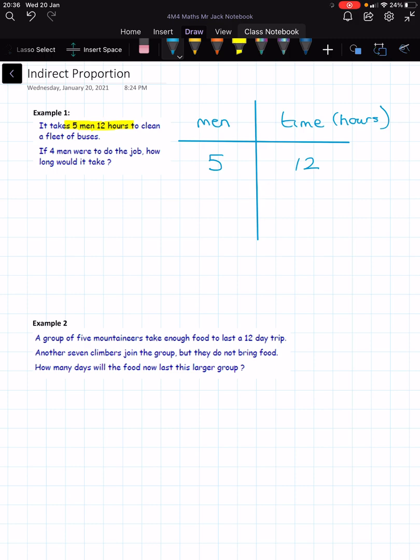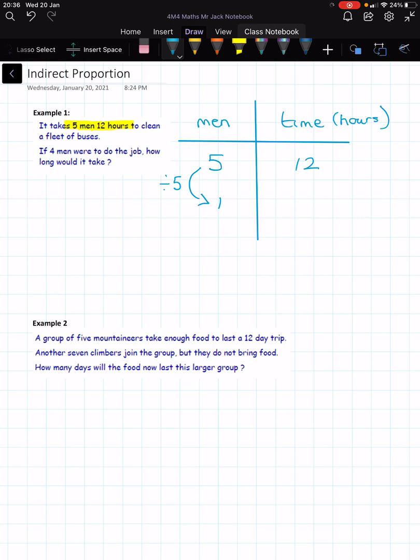As we've done with direct proportion, if we can find out how long it would take one person to clean a fleet of buses, then we could easily work out how long it would take any number of people, because once we know how long it takes one person, we can just apply that ratio. So to go from 5 to 1, I hope you agree, we divide by 5.